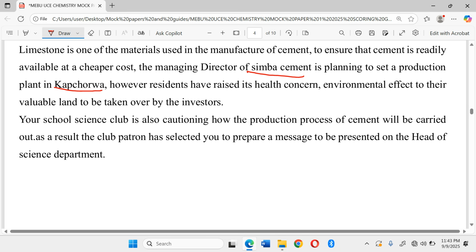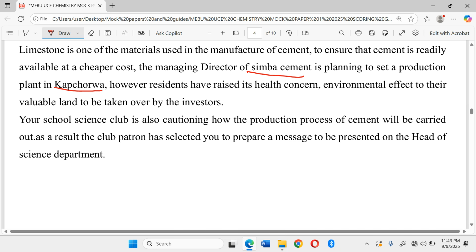Your school science club is also concerned about how the production process of cement will be carried out. As a result, the club patron has selected you to prepare a message to be presented to the head of science department.